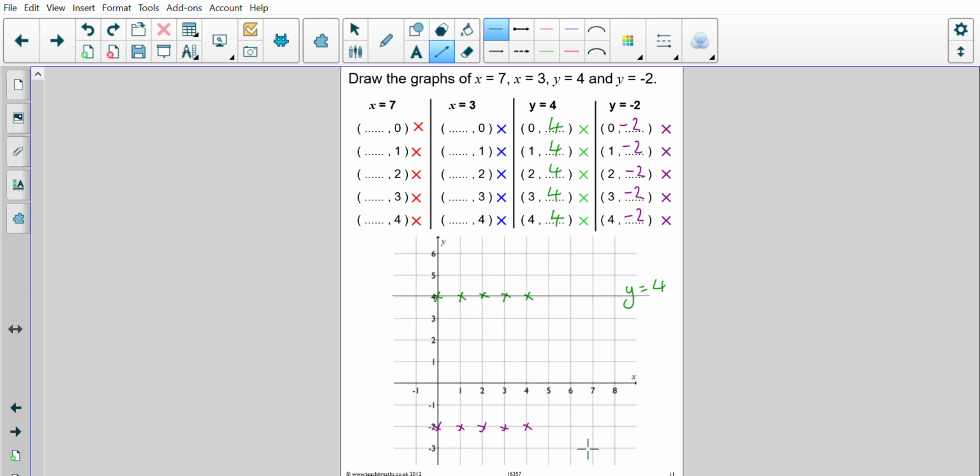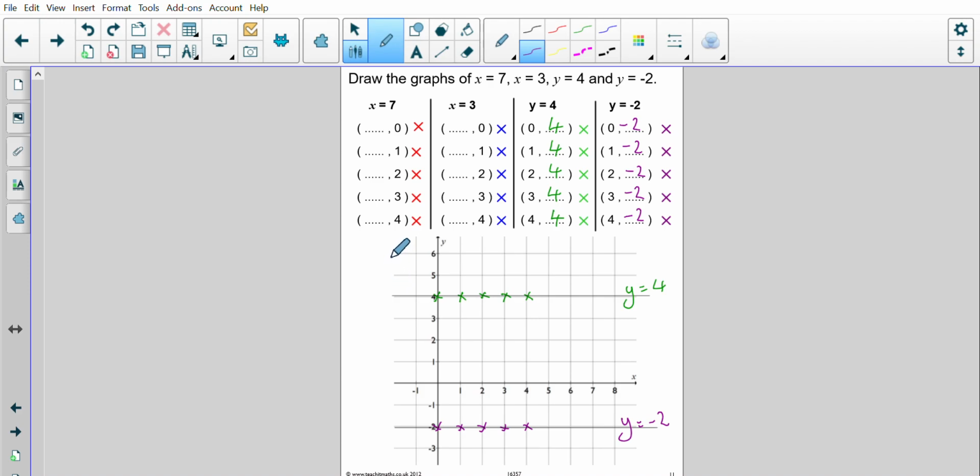Drawing in our line. Did you get it right? We have a horizontal line, y equals minus 2, let's label it, and it goes through minus 2 on the y-axis.